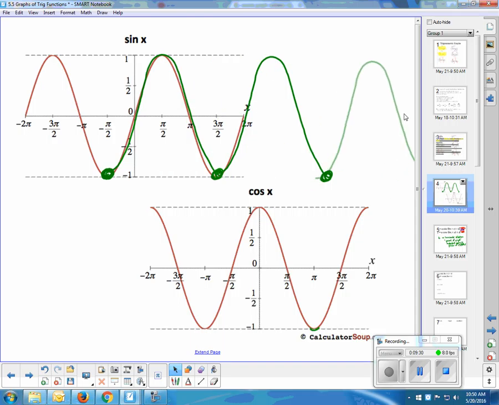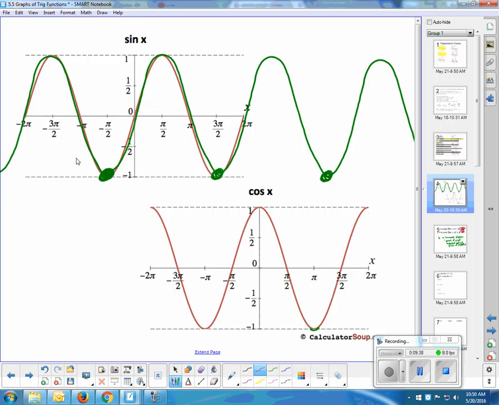My sine function graph would continue with no breaks. But once again, if I start at negative 2 pi, this extends to 3 pi over 2. This segment that I started with had a length of 2 pi. So that's called the period of the sine function. And for the cosine function, it's the same.